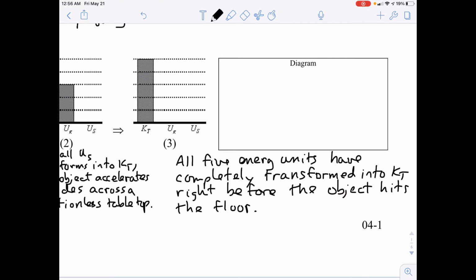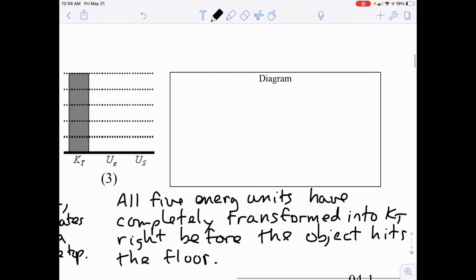So what would the diagram of this look like? So here's the floor of the whole situation. Let's draw a table.